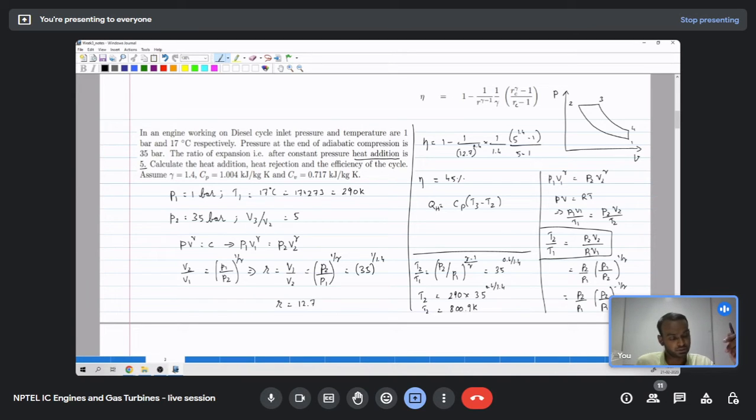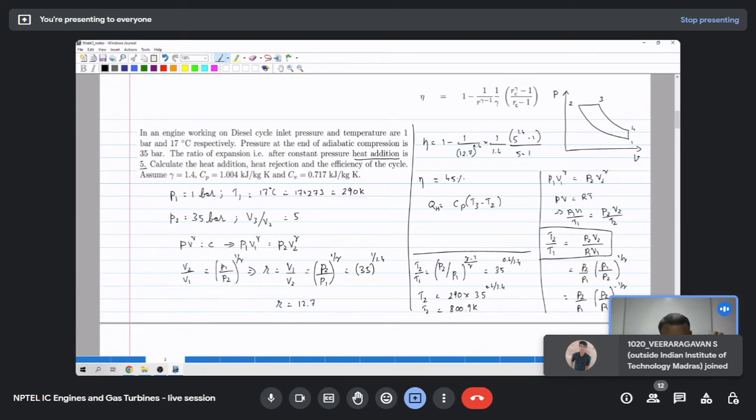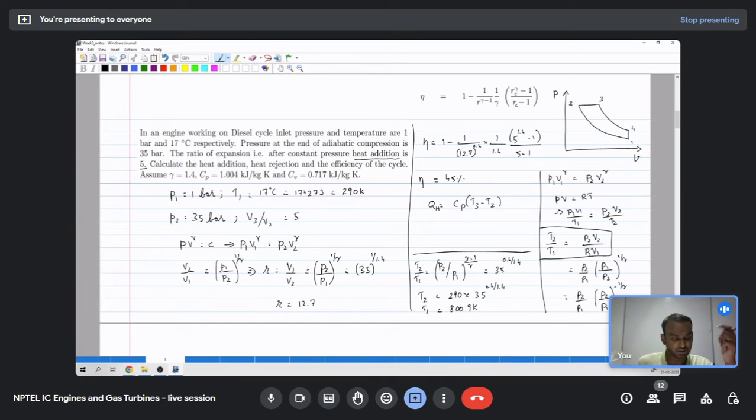So this is one method, and in the other method we know the efficiency of the entire system, and we know the heat that is added in. So with these two you will be able to find the heat rejected. So I will solve in both the methods. First I will solve using adiabatic expansion by finding the temperature at the fourth point.